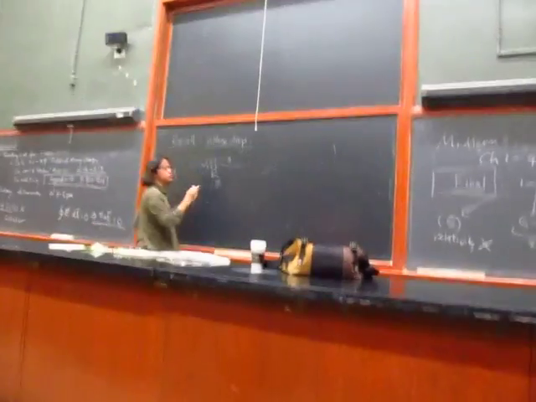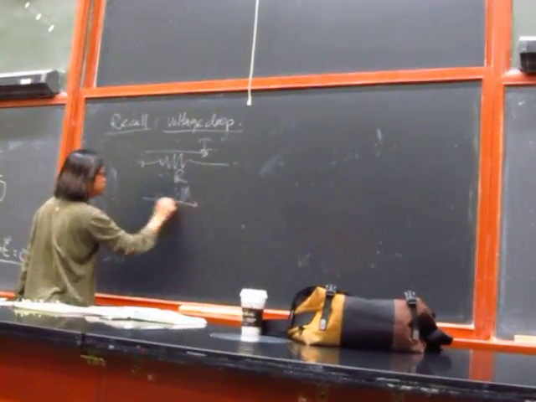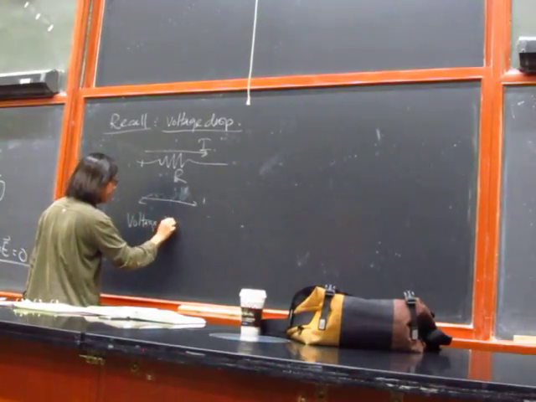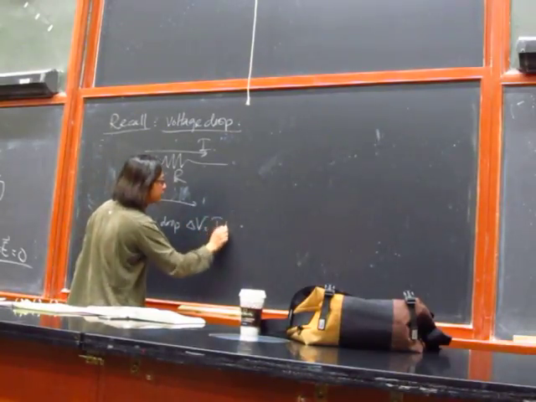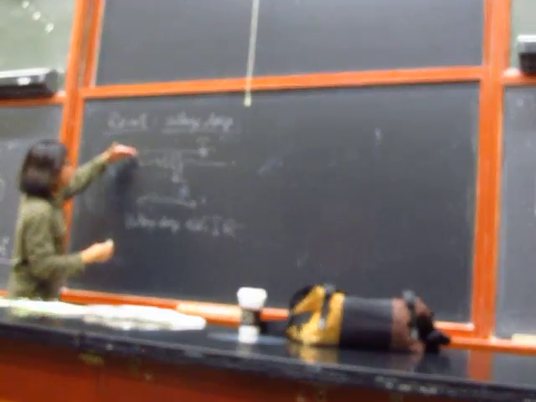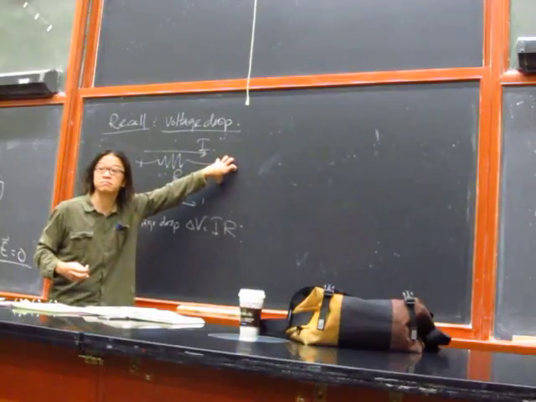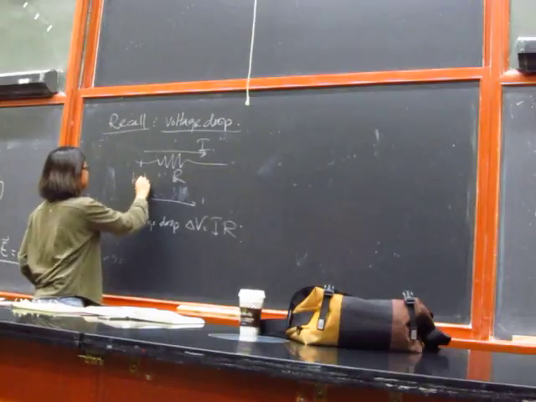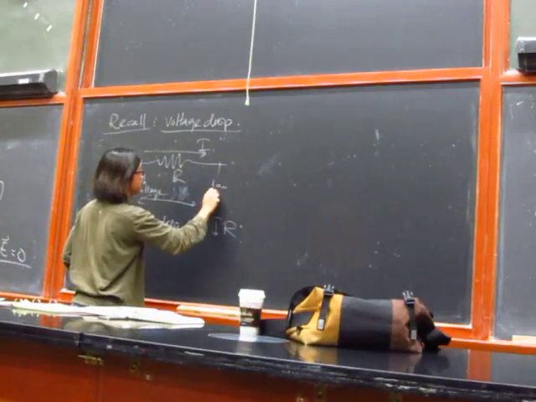If I define the current going this way, then there's a voltage drop here, and delta V is given by I times R. The voltage is higher upstream, lower downstream. Current this way, high voltage; this is low voltage.